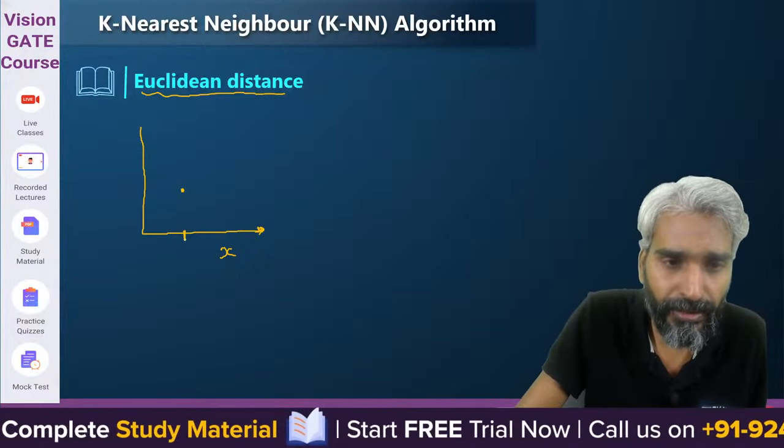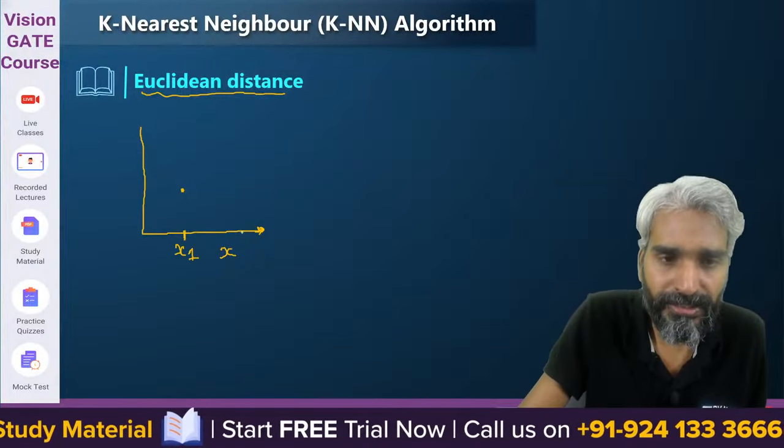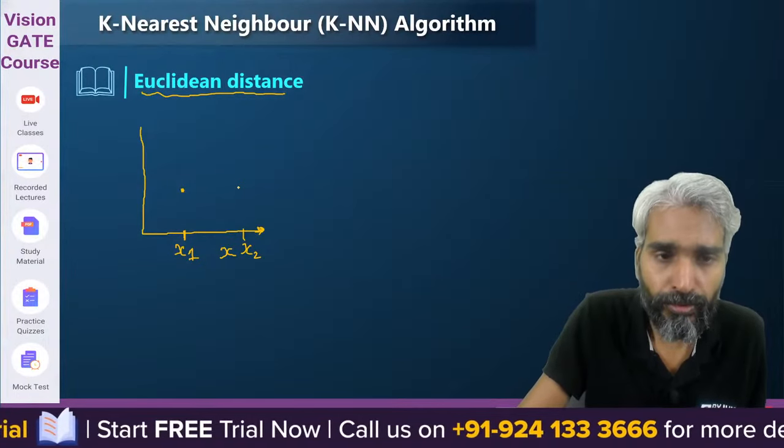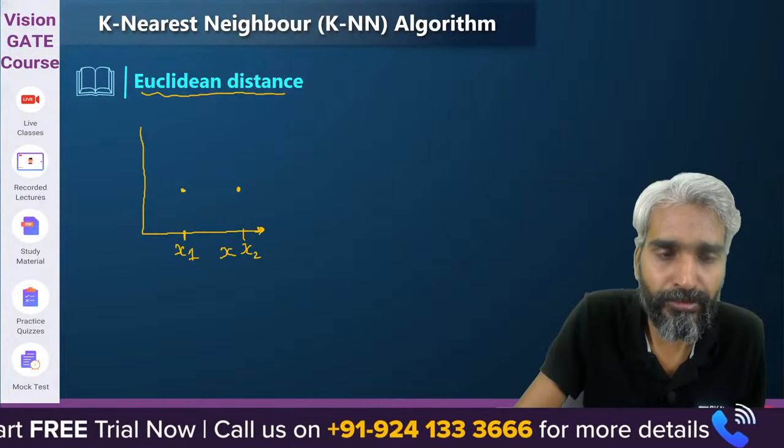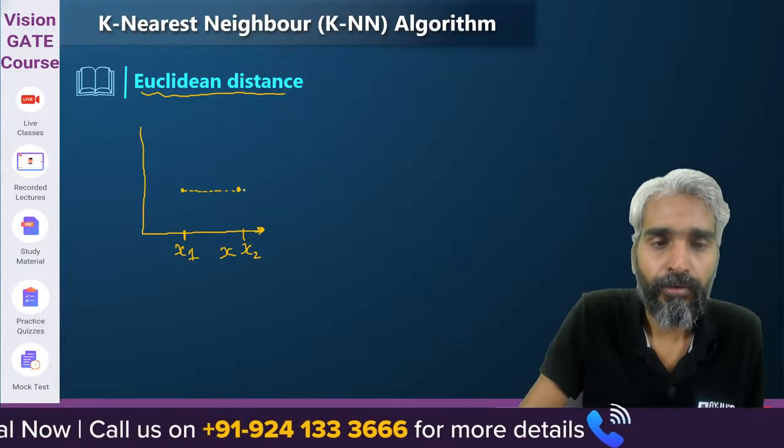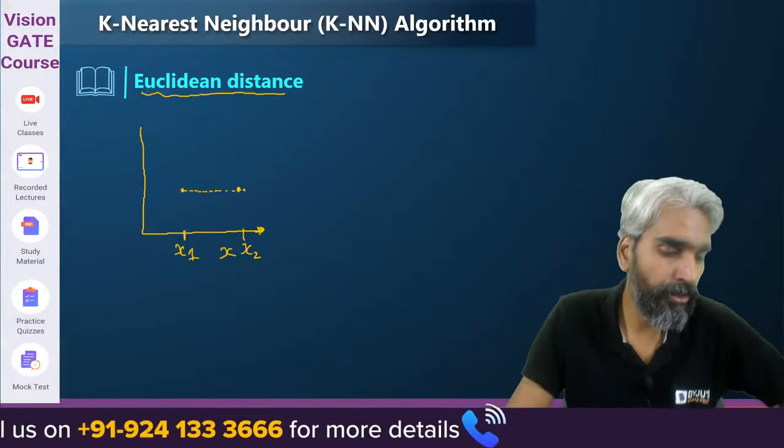If this value is x1, this value is x2, then what is the distance between these 2 points?